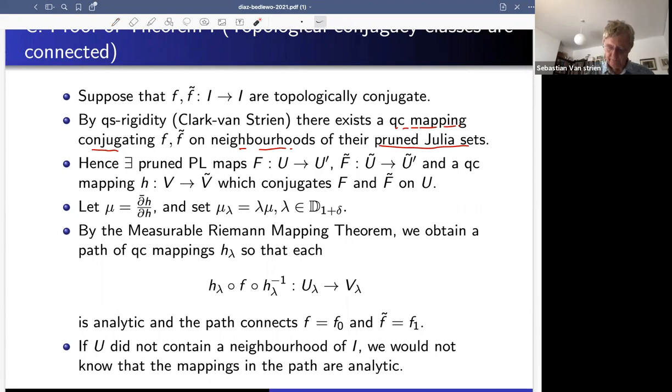And so they're quasi-conformally conjugate. And so I can take the Beltrami coefficient of this quasi-conformal map and take in the usual way the deformation of this Beltrami coefficient. And then what you can do is try to find a map H lambda that has precisely this Beltrami coefficient.